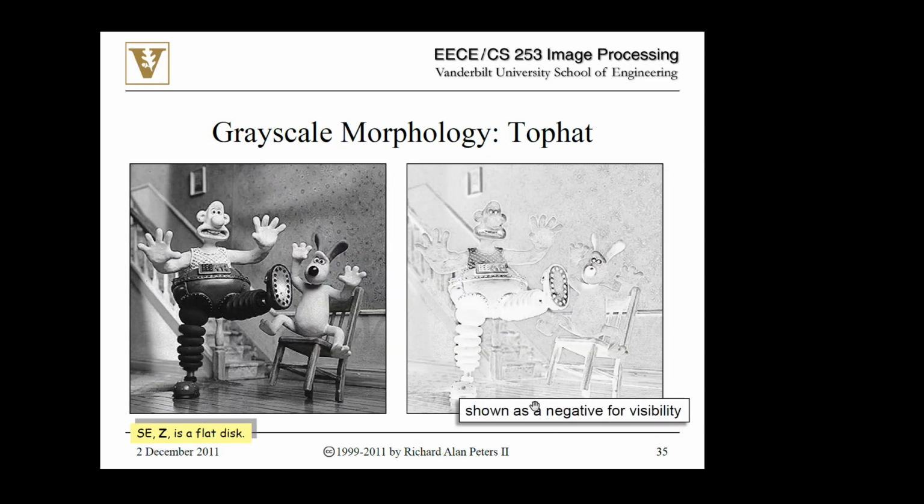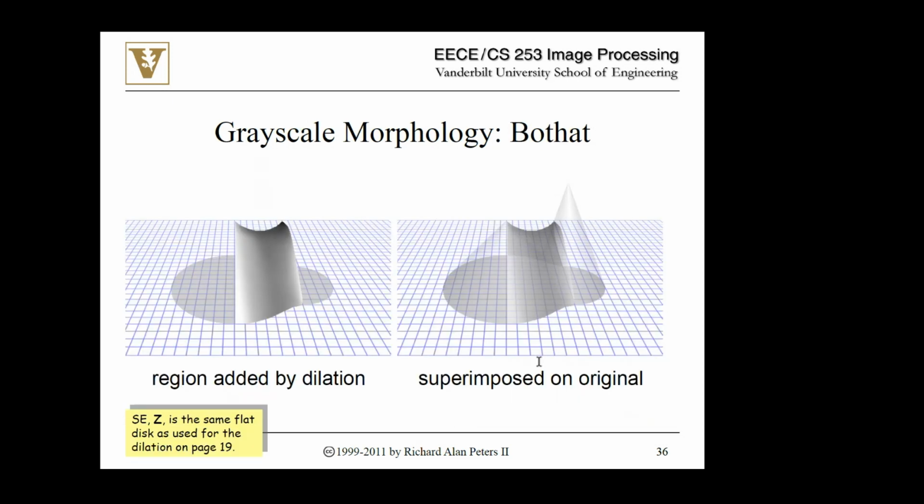The top hat takes the bright points. Here it is shown as the negative of the visibilities. The black points here are the bright points of this one, the very bright ones here. So it is a bright point detector.